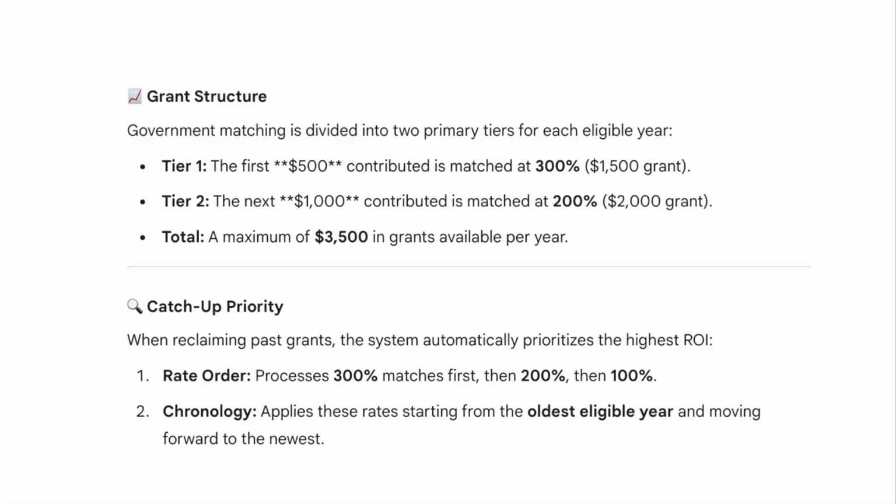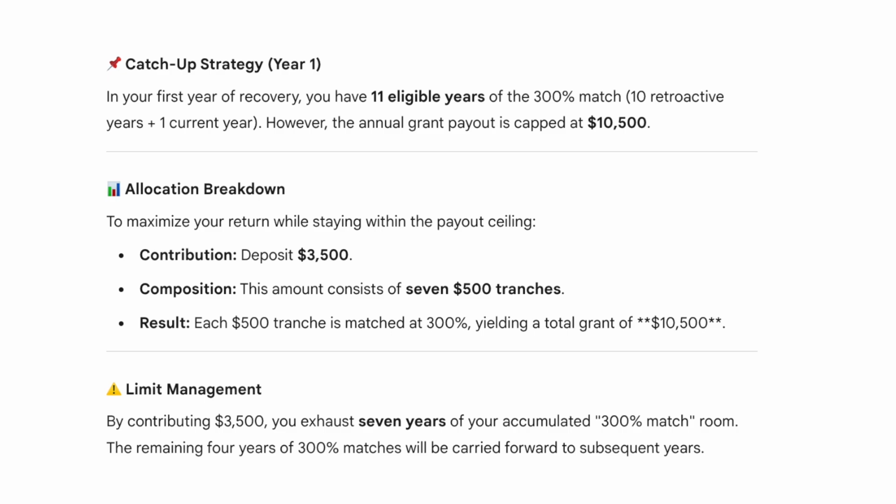When catching up, the government always pays the highest matching rates first, 300%, then 200%, then 100%, and moves from the oldest year to the newest. Let's look at specific numbers. In year 1, technically you have 11 years of 300% tranches of $500, comprised of 10 retroactive years, plus 1 for the current year.